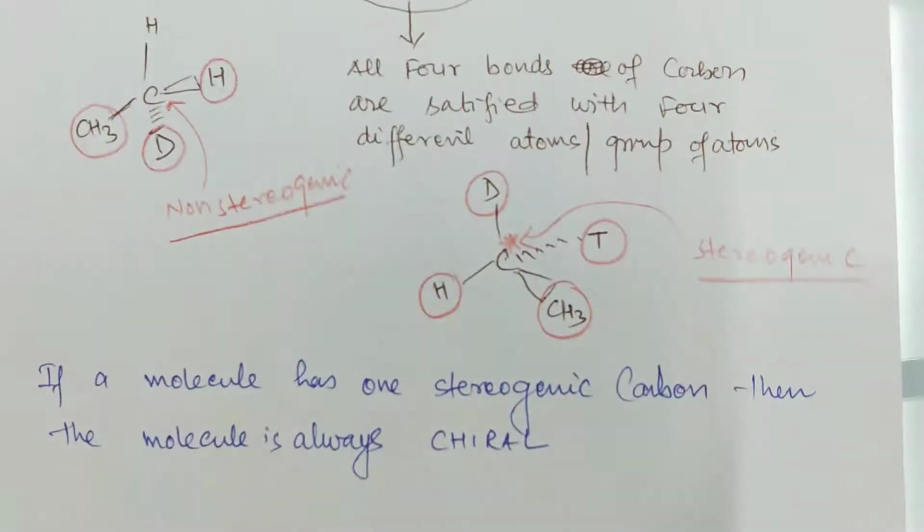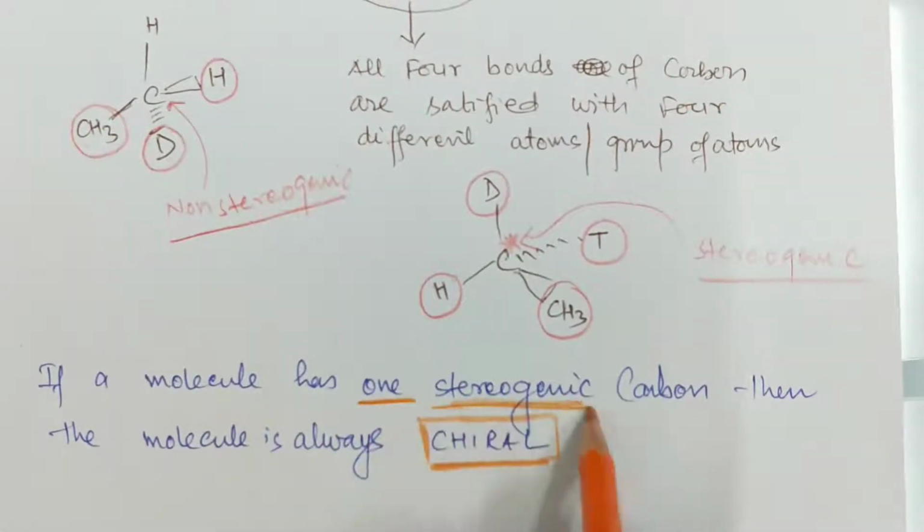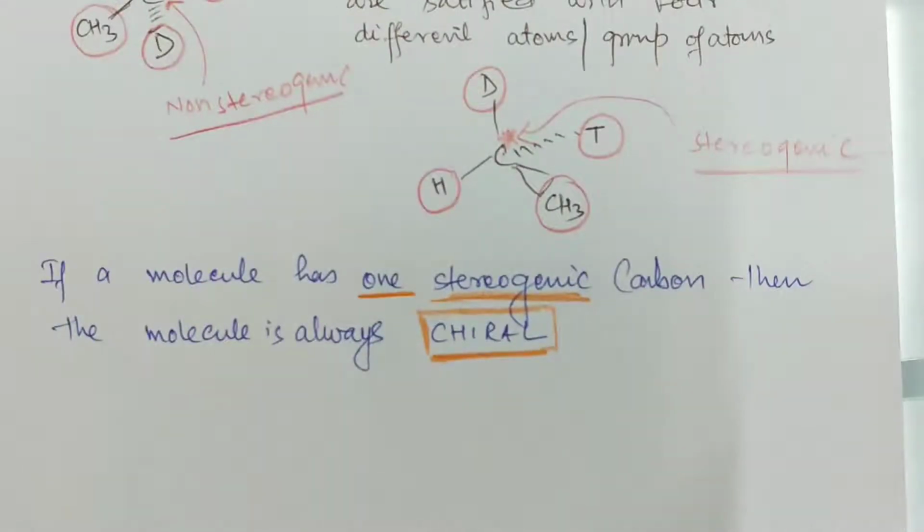Remember, this is a very remarkable point, and you should always remember this. If there is one stereogenic carbon in any molecule, that molecule is always chiral.